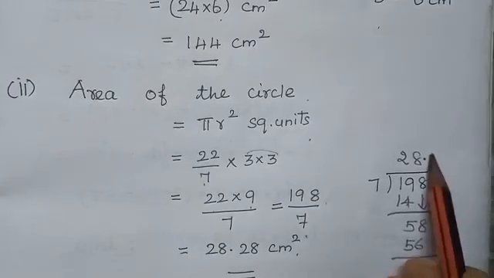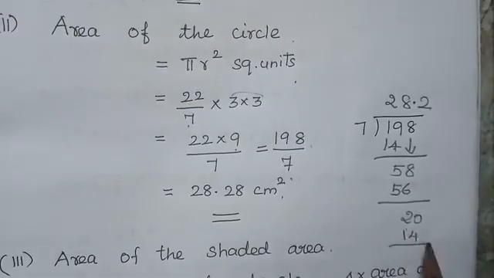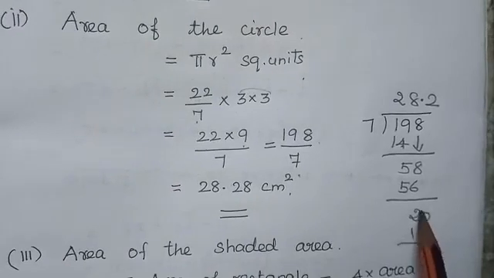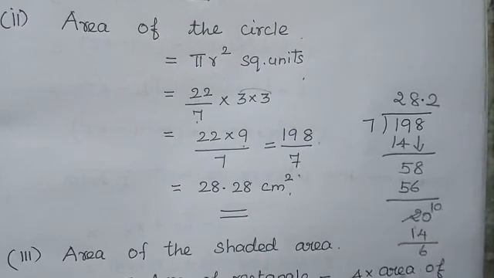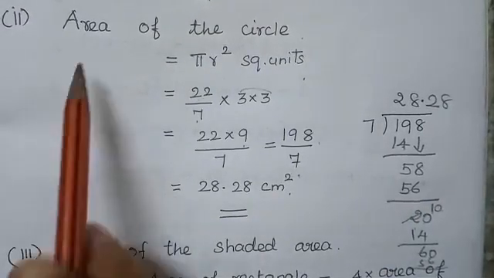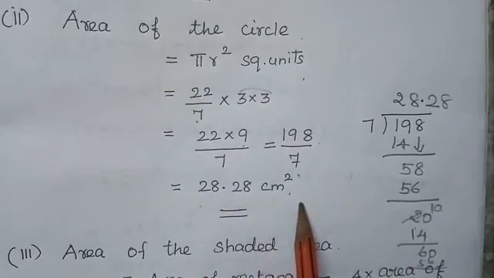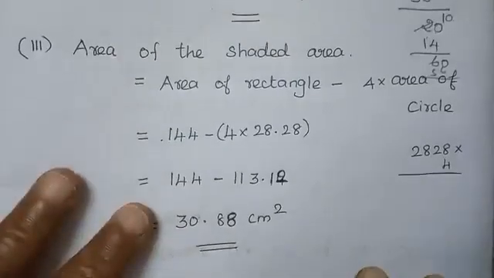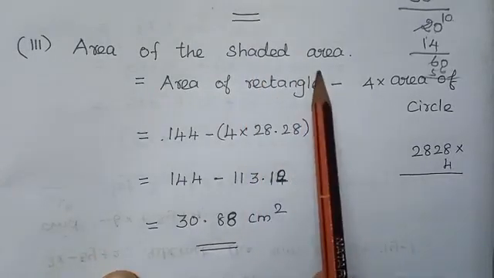How much times? 2 times. 2 7s are 14. Again subtract. Borrow 1 from here. So this place 10. 10 minus 4 is what? 6. Again add 1 0. 8 times 8 7s are 56. Here we can stop. So what is the answer for the area of the circle? 28.28 centimeter square.